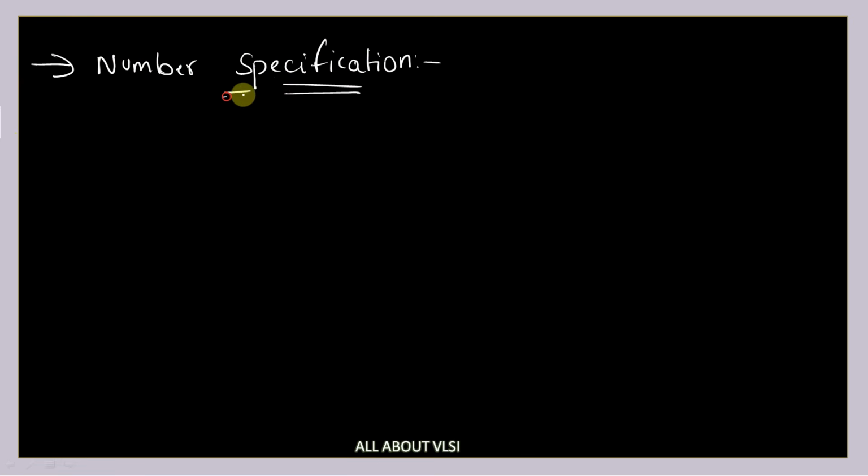Before starting with gate level modeling, we need to understand some more terms. One is number specifications, a very important topic. We need to understand how to specify our numbers. In digital also we started with number systems, and here also we start with how to represent numbers.